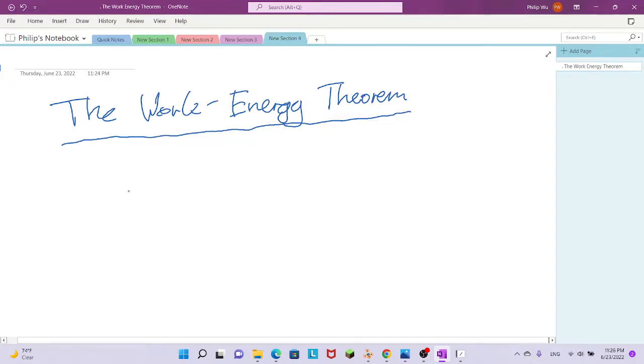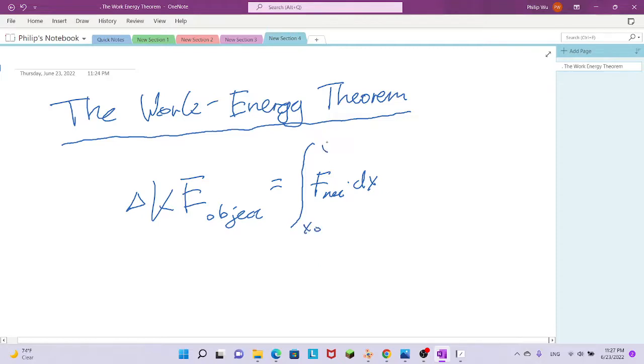theorem. What this theorem states is simply that the change in kinetic energy of an object is equal to the net work done on that object from some point to another point along some path.